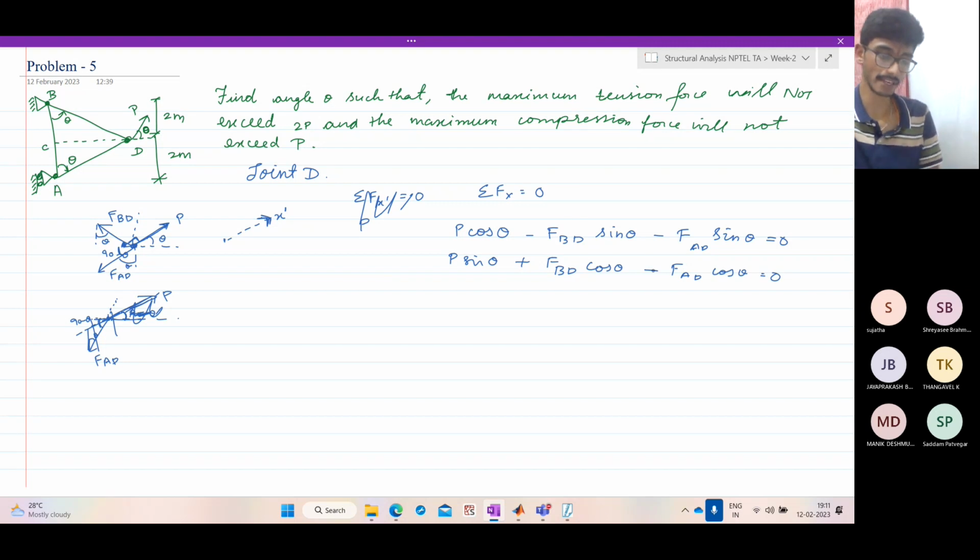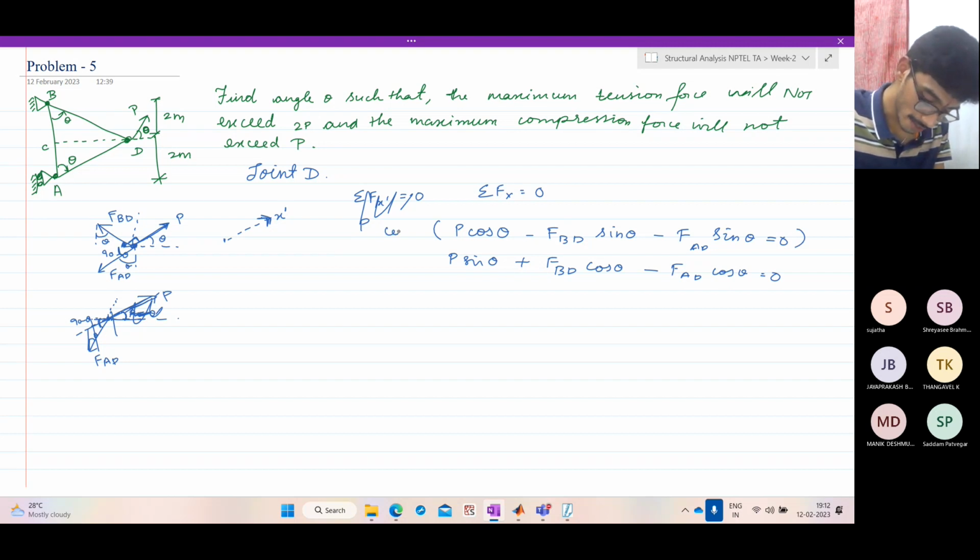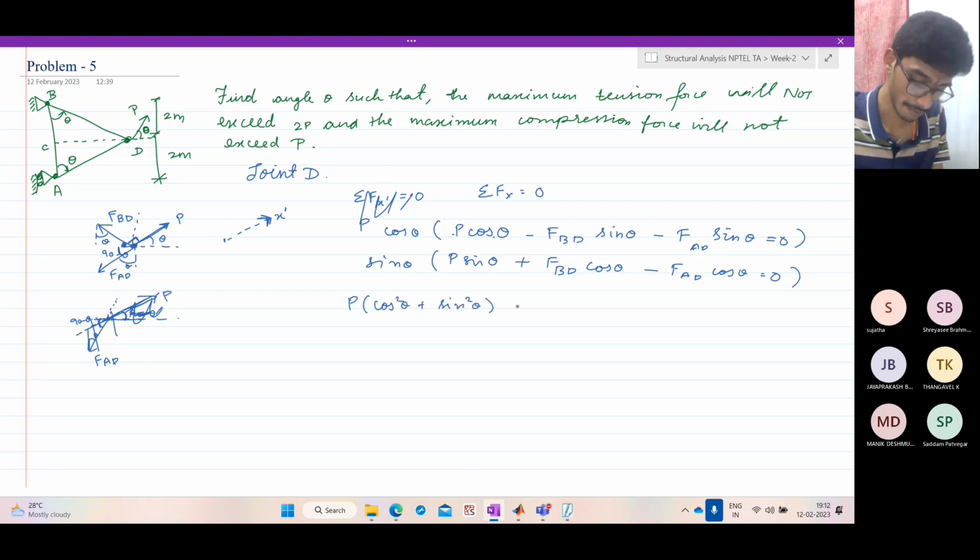So let us find what FAD is. You multiply the first equation by cos theta and multiply the second equation by sin theta and add both. What do we get? P cos square theta plus P sine square theta. I'm taking P commonly out. Here we'll have minus FBD sine theta cos theta plus FBD cos theta sine theta, which will cancel out.